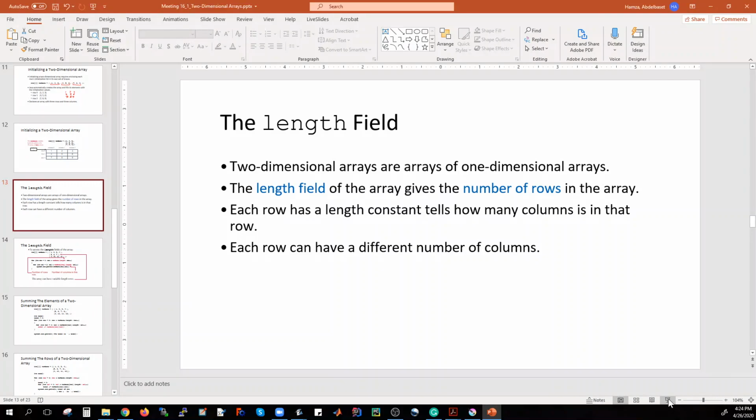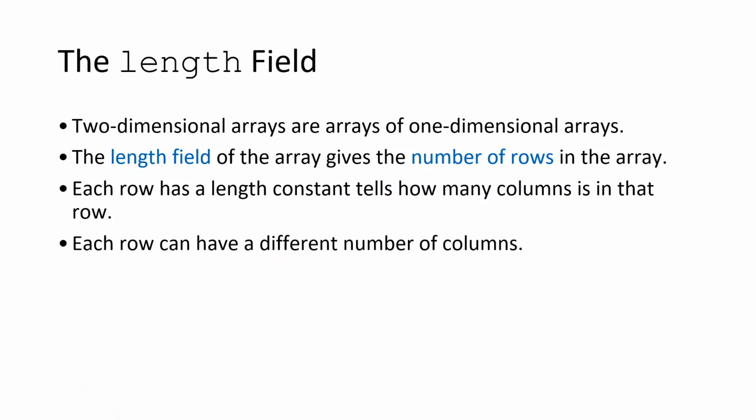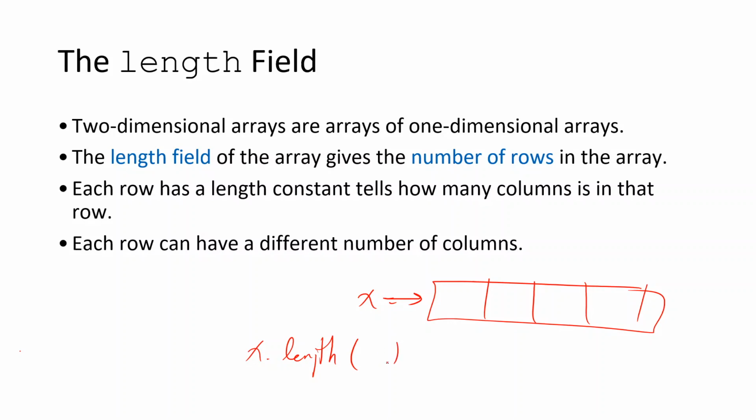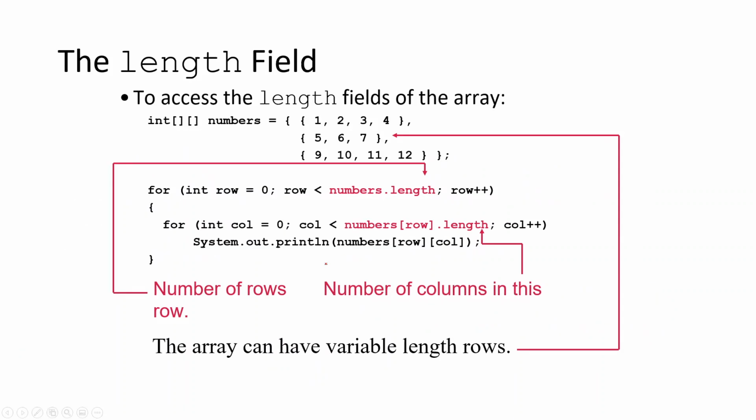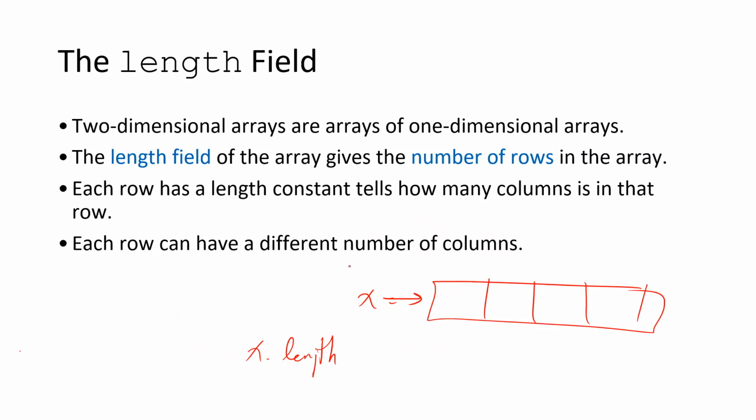If you remember, in a single or one-dimensional array, the length field, so x is pointing to this, x dot length would return 4, right? 4 elements from 0 to 3. Now, what if you say two-dimensional array dot length, like scores dot length?